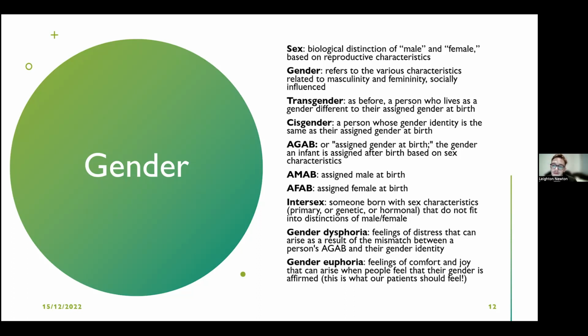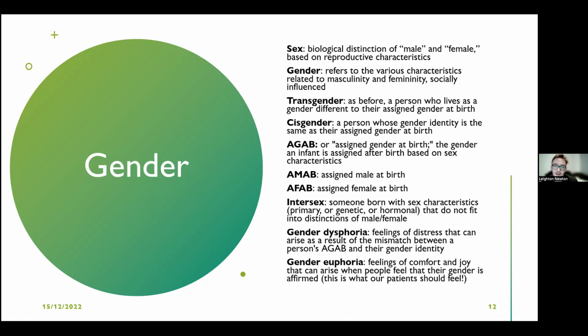Fine. So transgender and cisgender are ways of describing how somebody identifies. If somebody's transgender, it means that they're a person who lives as a gender different to their assigned gender at birth. Whereas if you're cisgender, it means that your gender identity is the same as your assigned gender at birth.